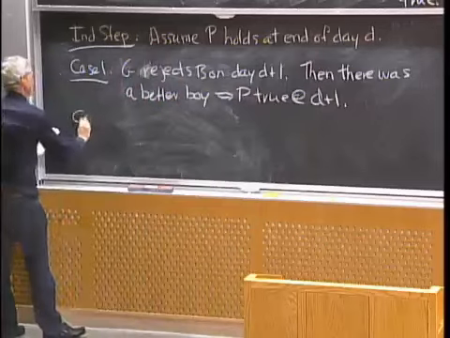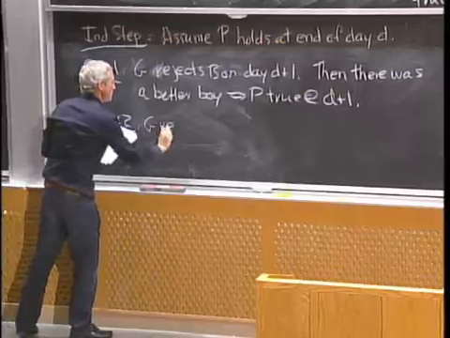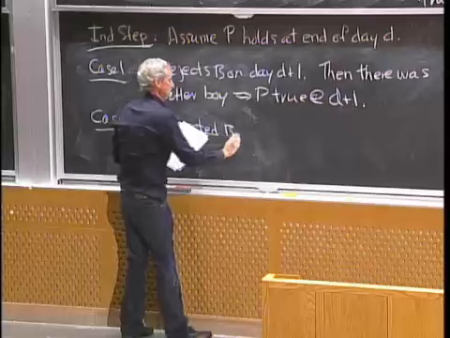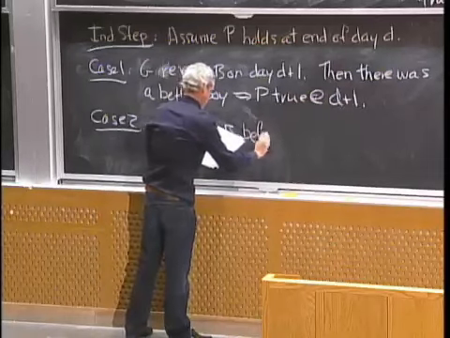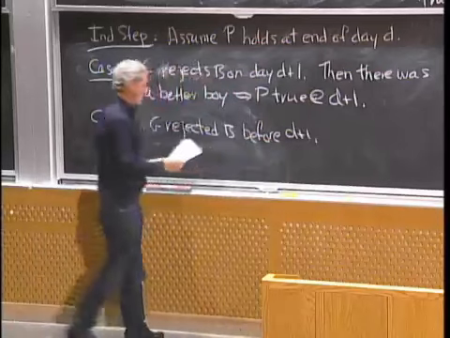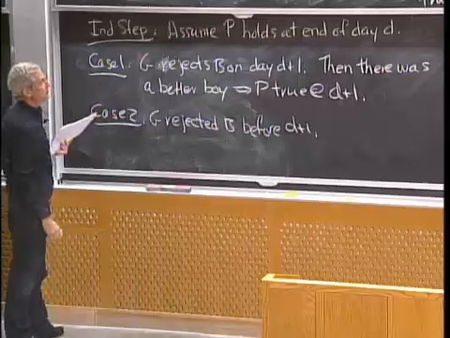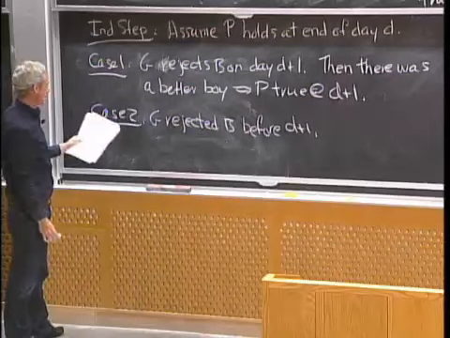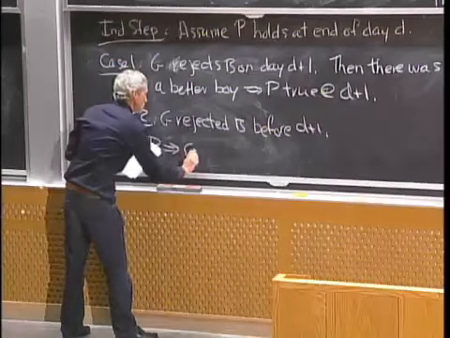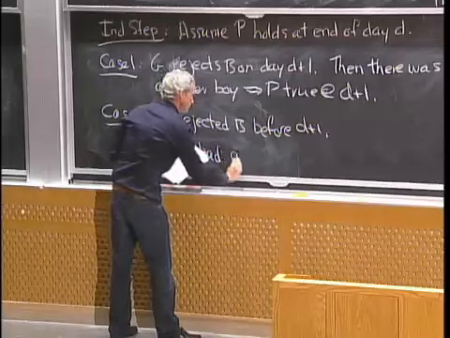Case 2, very similar. It's a very simple proof. G rejected B before day D plus 1. Well, now we use the fact that P was true at the end of day D, which implies that G had at least as good a suitor.